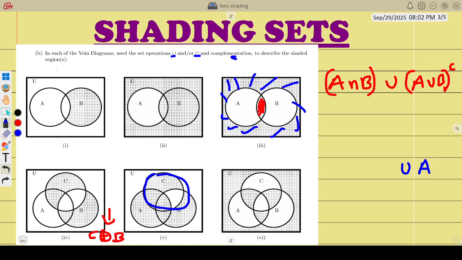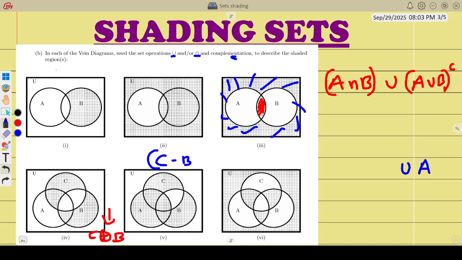So here we have our C. How would we describe this? The clue I'm getting here is that you can see the things in C are shaded, but this part which is having B is not shaded.